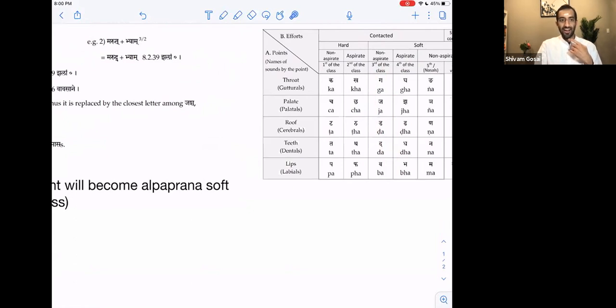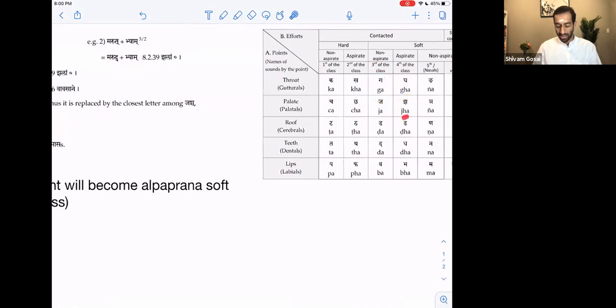Now, the only other thing left is if it's already a soft consonant and it's mahaprana, then it'll become alpaprana. So if gha is at the end of the word, it's going to become ga.